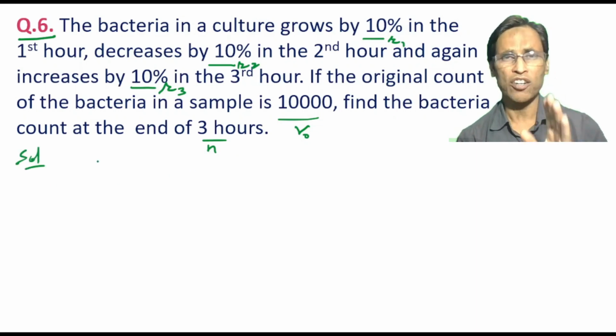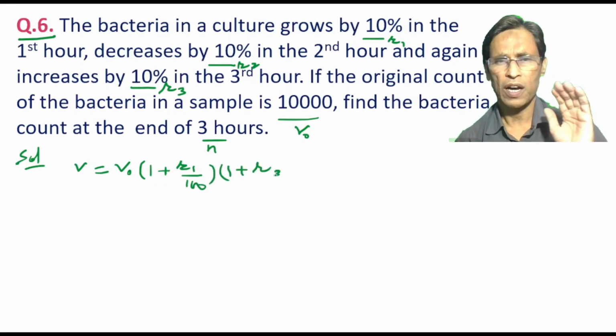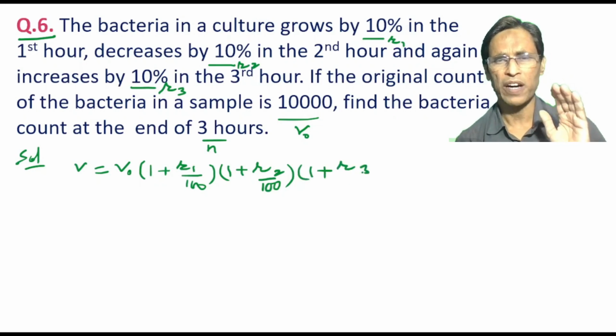In the context of growth and depreciation, the number of bacteria after 3 hours can be given by the formula V equal to V0 times 1 plus R1 by 100 into 1 plus R2 by 100 into 1 plus R3 by 100.